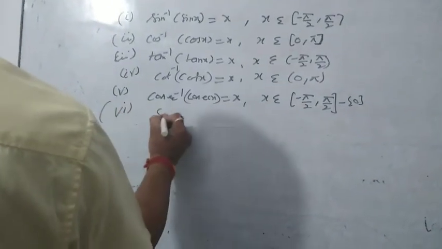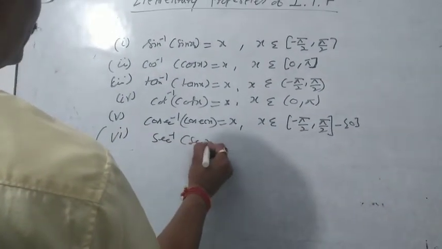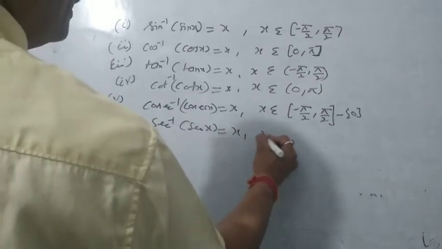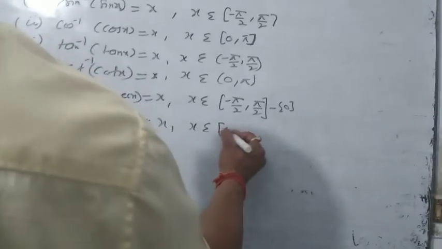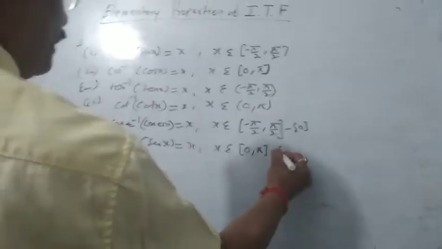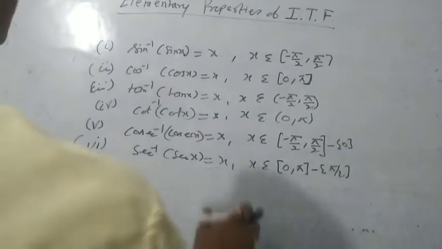Then sec inverse sec x is equal to x, where x is an element of 0 comma pi except pi by 2. So these are the elementary properties of inverse trigonometric functions.